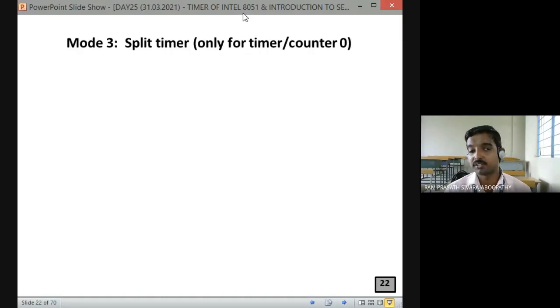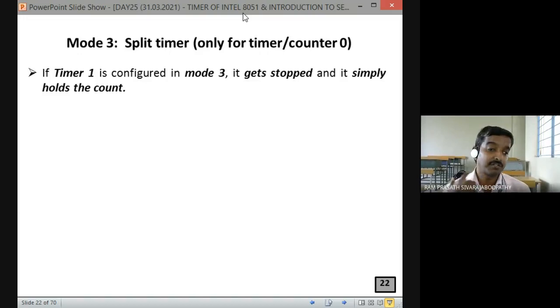Timer 0 will operate in mode 3, whereas for timer 1 the operation of the timer or counter will get frozen. If timer 1 is configured in mode 3, what happens? Its operation stops.